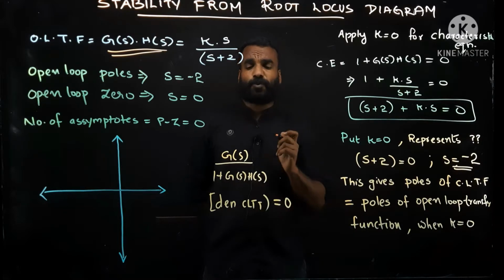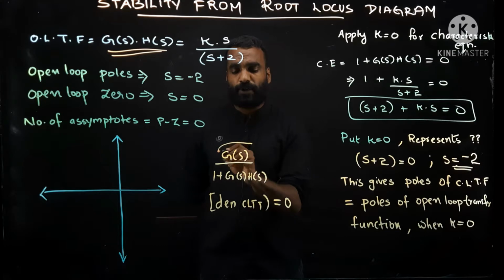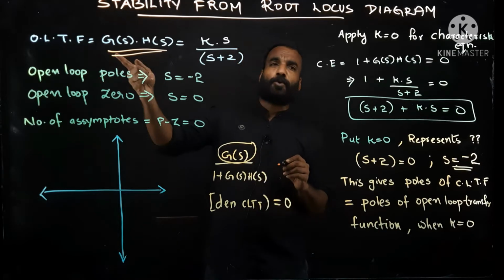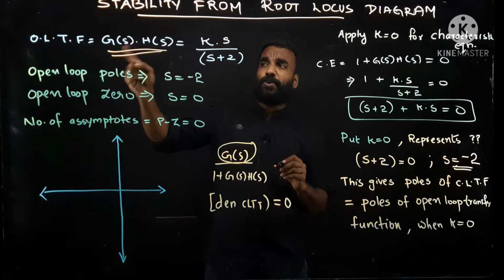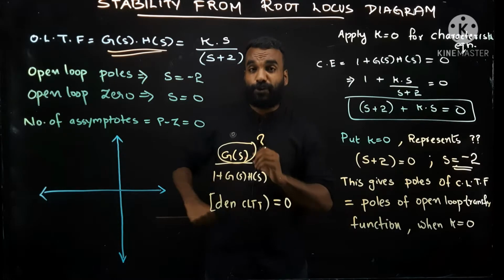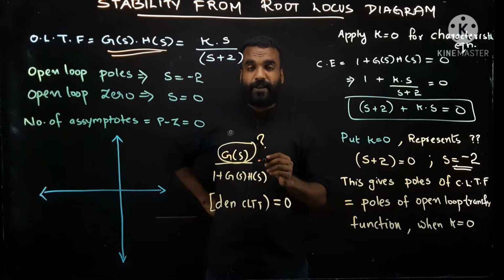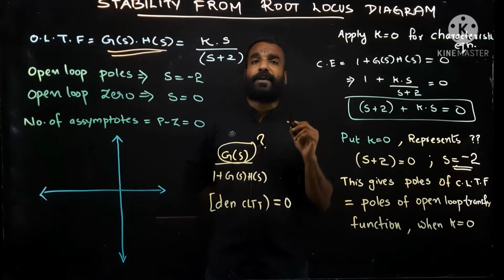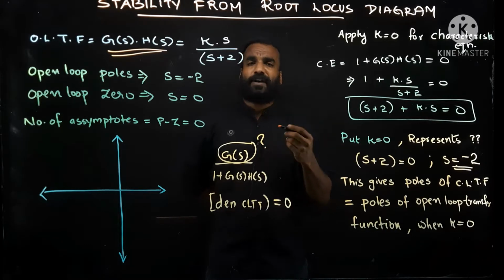But in the case of the root locus diagram, you will not have any knowledge about G(s) separately, because normally this product G(s) into H(s) will be given in the question. Then how can you find G(s)? That's why you have to adopt the second method for finding the characteristic equation. What is the second method?